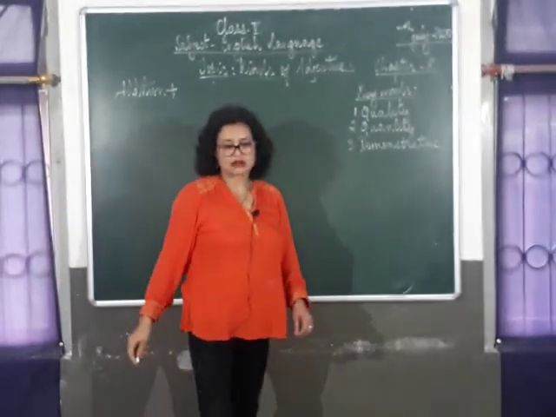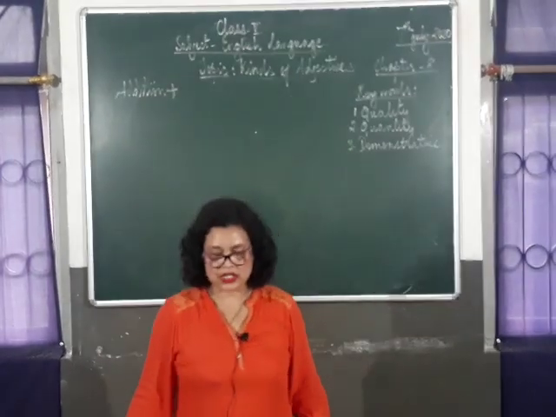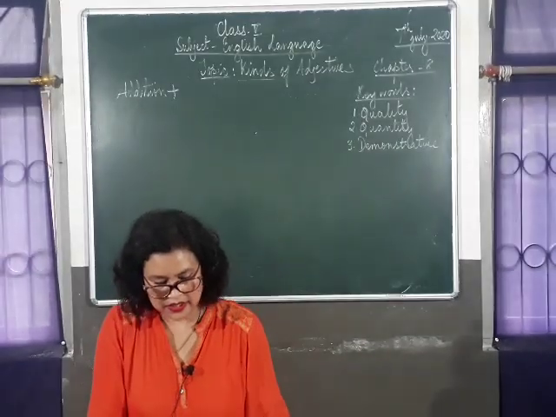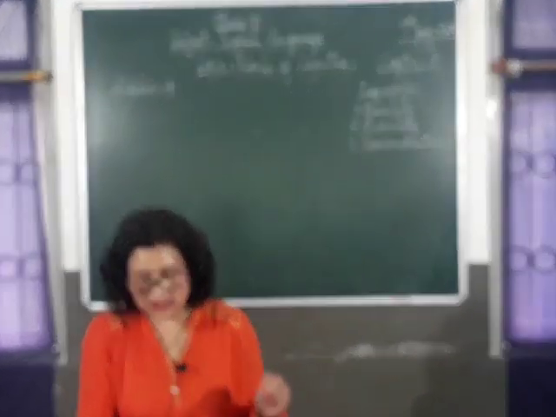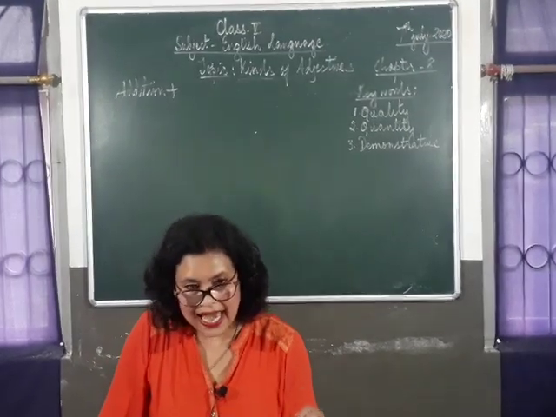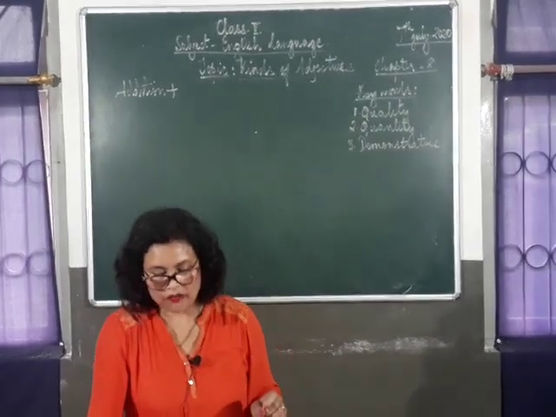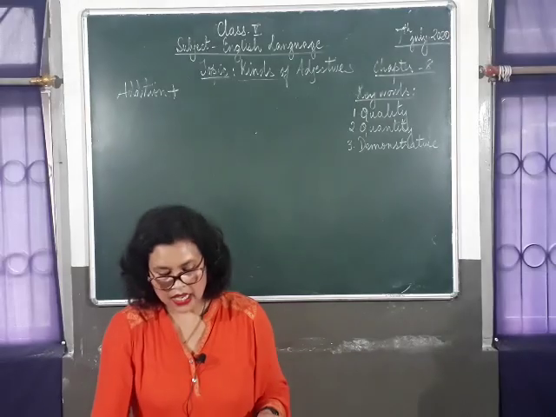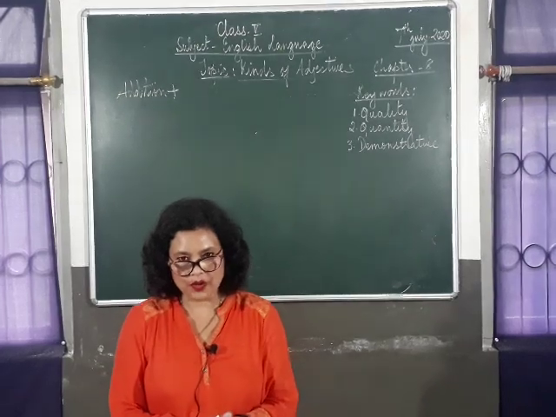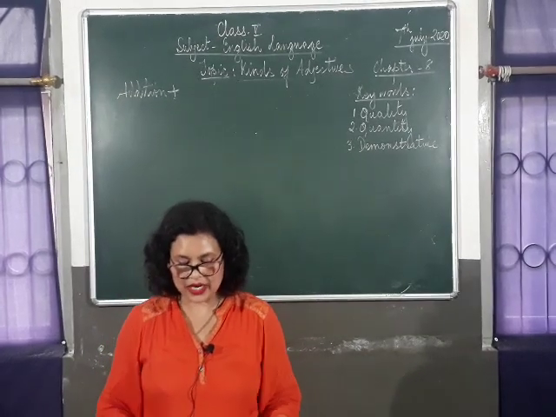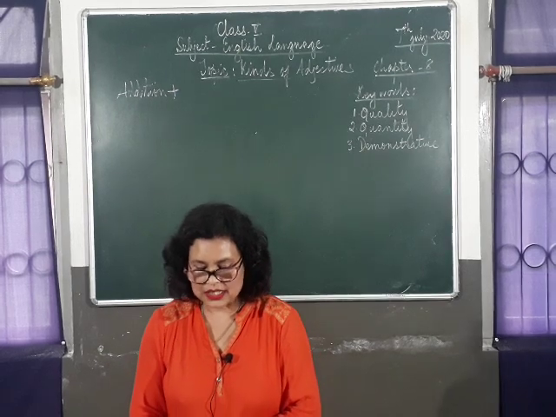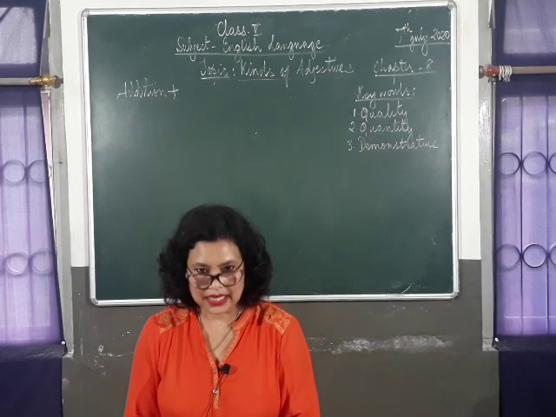But in English grammar, or in the English language, add means add meaning to a noun. It adds something to the meaning of a noun or a pronoun. So, an adjective is a word which describes or tells you something more about a noun.